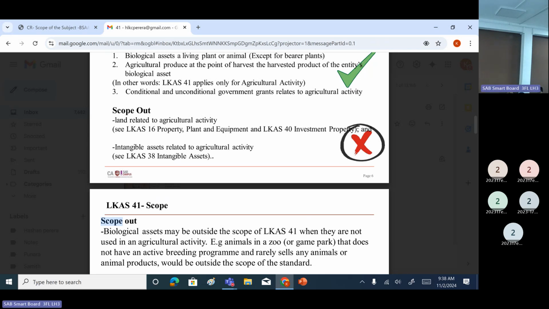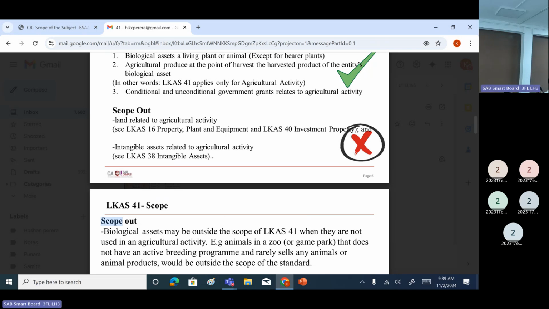That is scope out. And intangible assets related to agricultural activity. Yes, we may have intangible assets, like the software we are using for measuring the agricultural performance of birds.